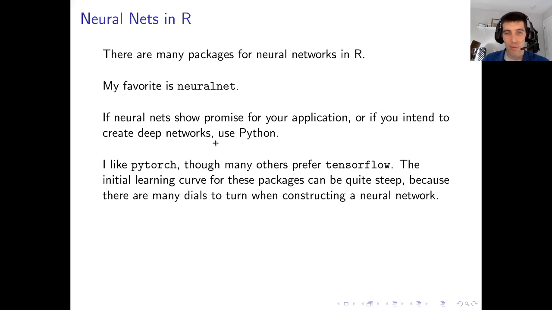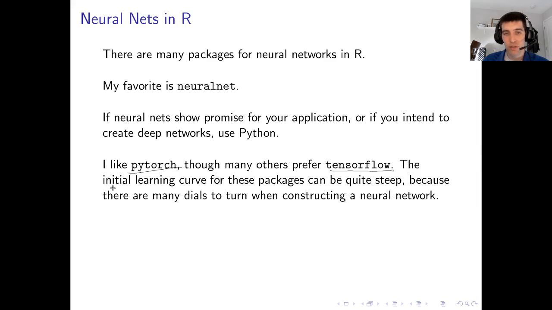Okay, in Python, I'll just mention PyTorch is the package that I prefer. Some folks prefer TensorFlow. Keras has an interface for TensorFlow, and many people use that. PyTorch is, I think, very nice because it's the closest to writing down an equation and being able to just put that equation into Python.